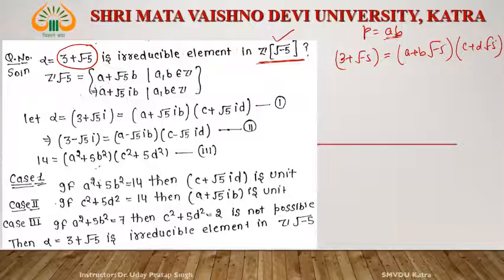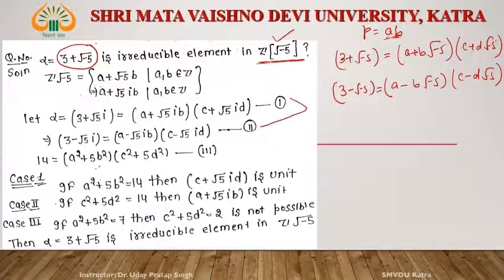Now take the conjugate of this: 3 minus square root of -5 is equal to (a minus b square root of -5) times (c minus d square root of -5). Now multiplying them, we get 3 squared plus 5, that is 9 plus 5, 14, equal to (a squared plus 5b squared) times (c squared plus 5d squared).